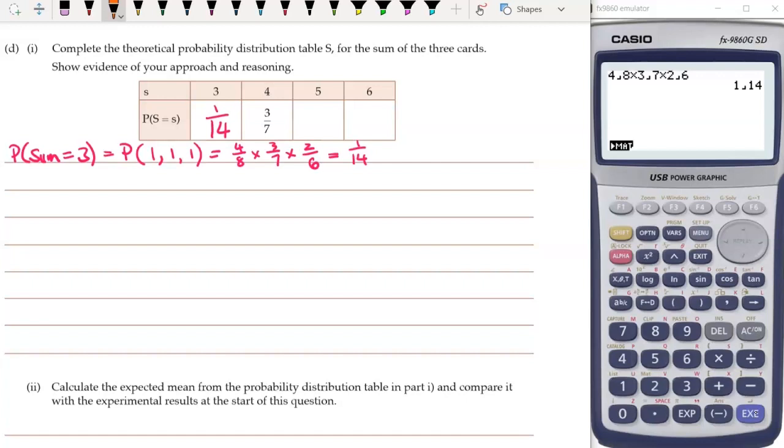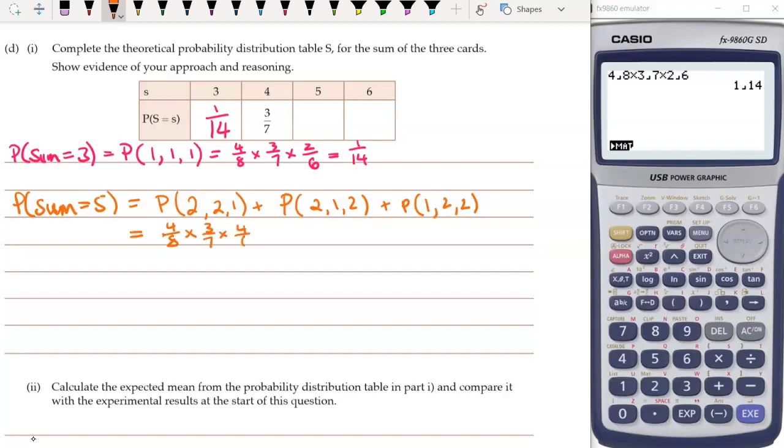Next, let's look at how we could get a total of 5. Okay, so to get a 5, we could do a 2, and a 1. We can get a 2, a 1, and a 2, and then a 1, a 2, and a 2. Okay, so 2, 2, 1, we'd have 4 out of 8, 3 out of 7, and then 4 out of 6. And similarly for the other ones, so I'll just fill those in.